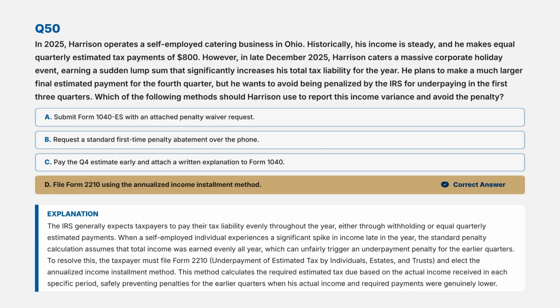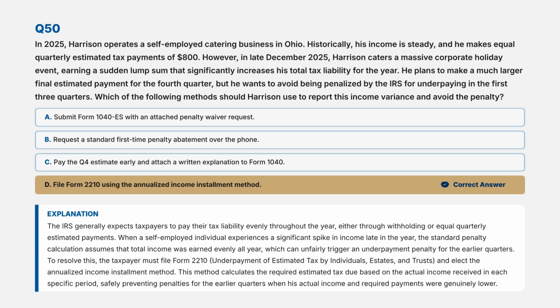The IRS generally expects taxpayers to pay their tax liability evenly throughout the year, either through withholding or equal quarterly estimated payments. When a self employed individual experiences a significant spike in income late in the year, the standard penalty calculation assumes that total income was earned evenly all year, which can unfairly trigger an underpayment penalty for the earlier quarters.